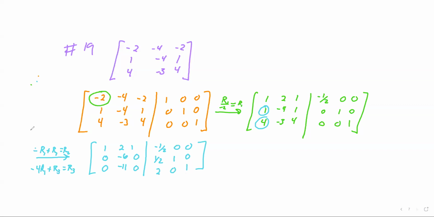All right, so now the next step is to make this guy a 1. So on this one here, I'm just going to do row 2 divided by -6 to get row 2. That's 1, 2, 1, -1/2, 0, 0, 0, 1, 0.